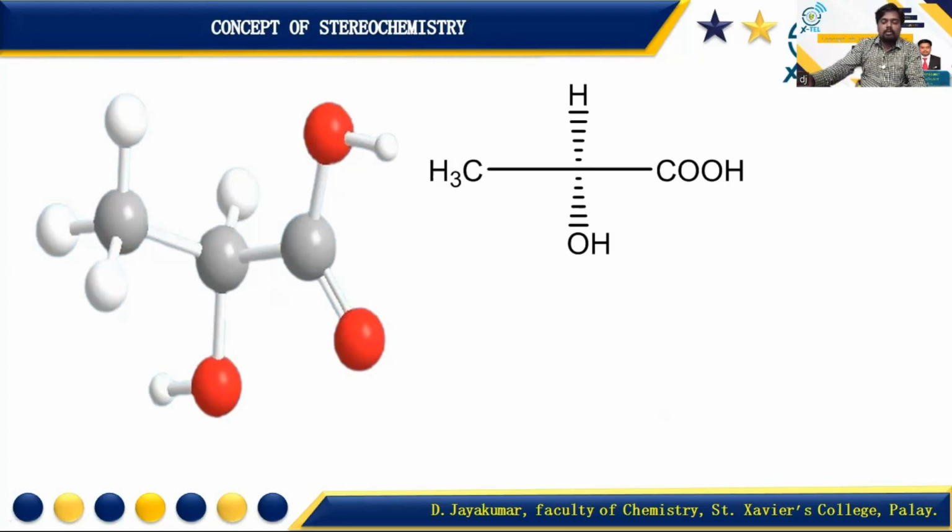But then the Cahn-Ingold-Prelog rule emphasizes absolute configuration. So what is absolute configuration? There is no reference. We don't consider whether it turns the light, or whether we keep glyceraldehyde as a reference. All this is not taken into account.